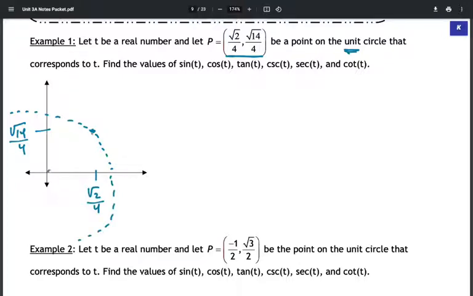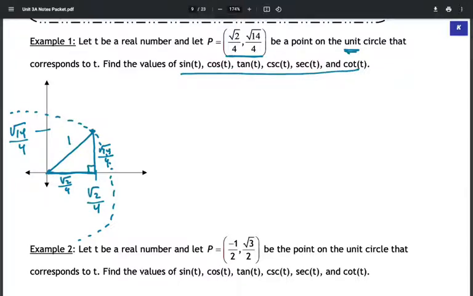So right here is your radius. So you could create a right triangle right here where this x value is the square root of 2 over 4, the y value is the square root of 14 over 4, and because it's on the unit circle, we know the radius is 1. And if I did the Pythagorean theorem, I would be able to figure that out. So it wants us to figure out all of these trig functions right here.